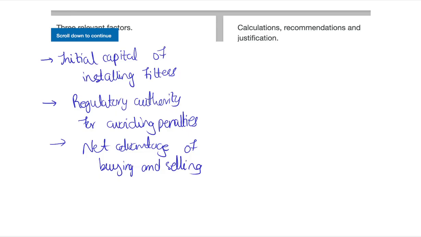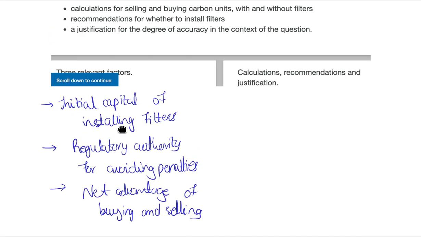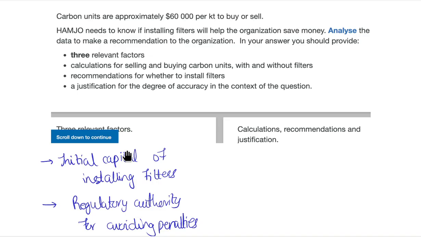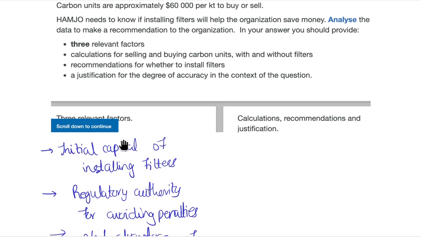But with filters, even before subtracting any potential money back from selling carbon credits, the fixed filter installation cost of $14 million is already higher than the entire 8-year carbon unit purchase of 13.3 million that we calculated earlier, right?